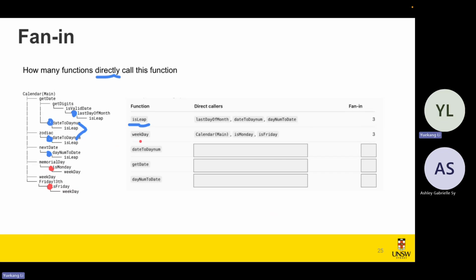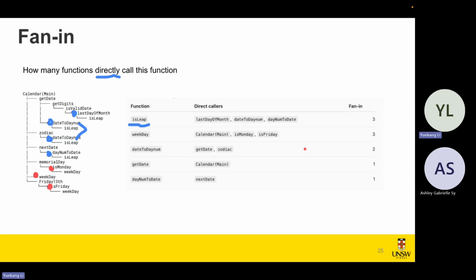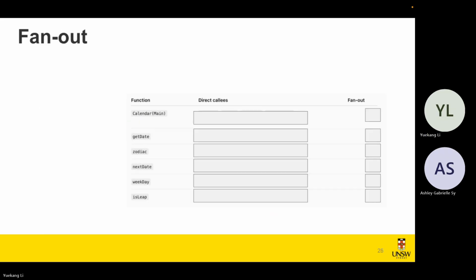Sorry, we have 3 because it's also directly called by main. I just forgot this one here. So we have 3 direct callers, and therefore the fan-in is 3. Similarly, we can calculate the fan-in values for all the other functions, right? The fan-in is just how many callers there are for a particular function.